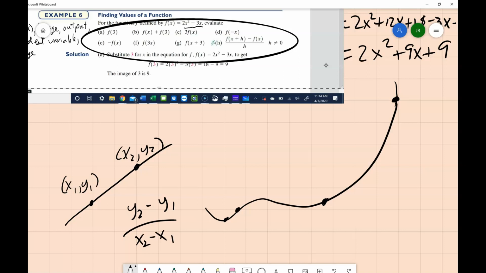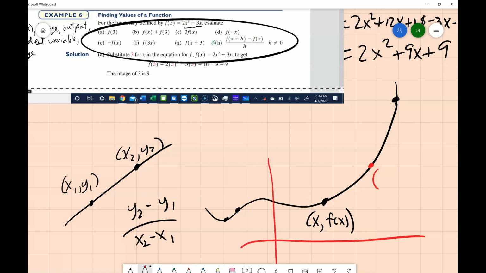All right, so what I'm going to do though, is I'm going to make another point right here. I'm going to call this point x, f of x. Instead of x, y, it's called f. It's called x, f of x. Imagine, okay, here's my set of coordinate axes.